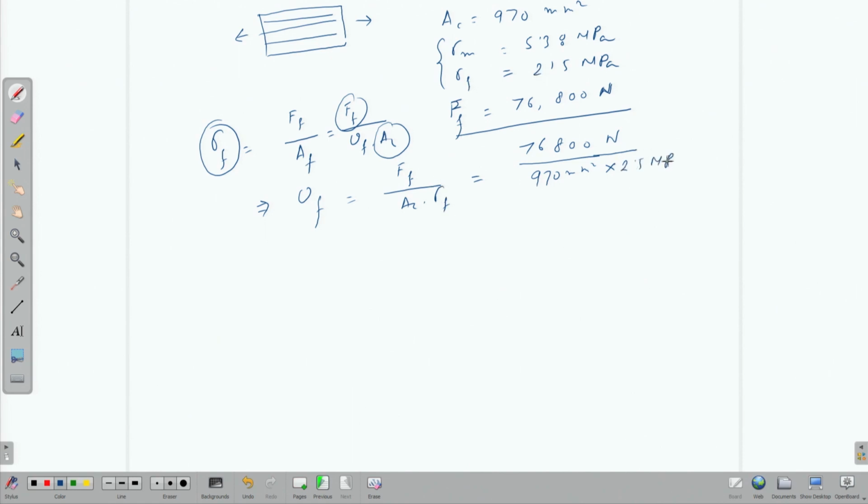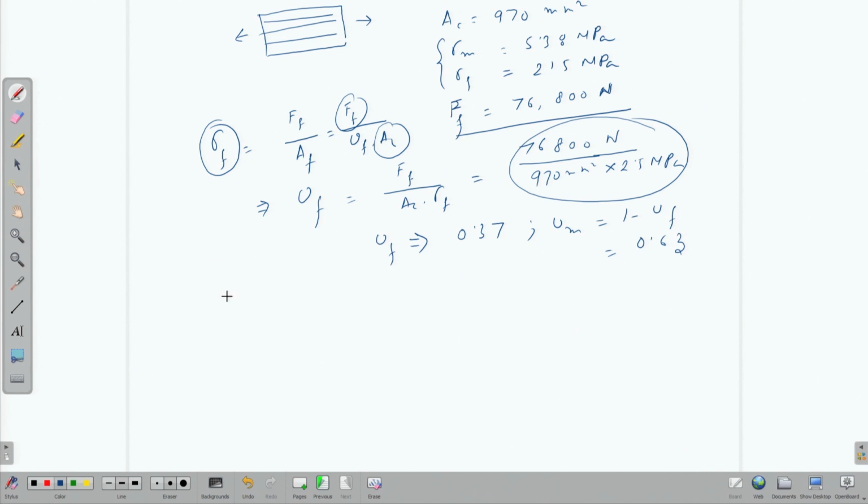Anyway, from there ultimately you can calculate, considering all the unit conversion, that V f would be around 0.37. Okay. So, from here also you can get V m equals 1 minus V f, and that will be equals to 0.63.